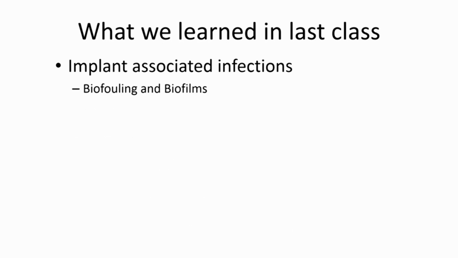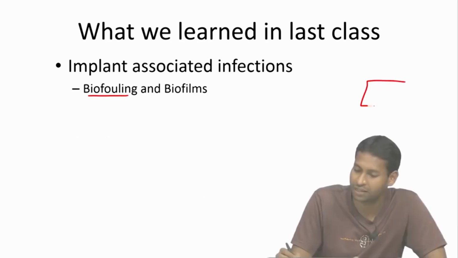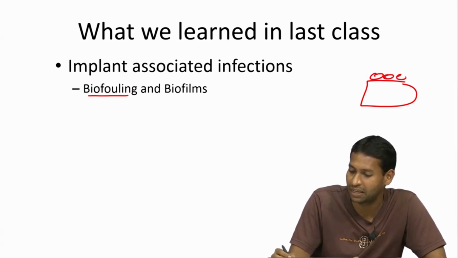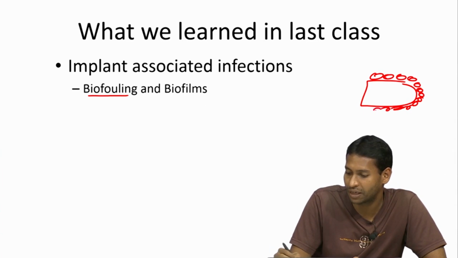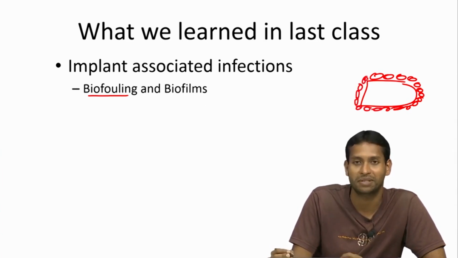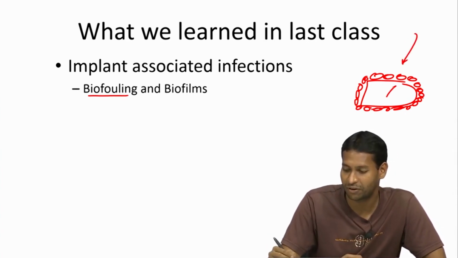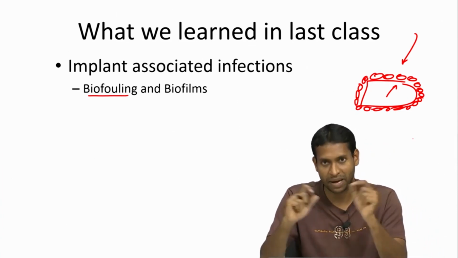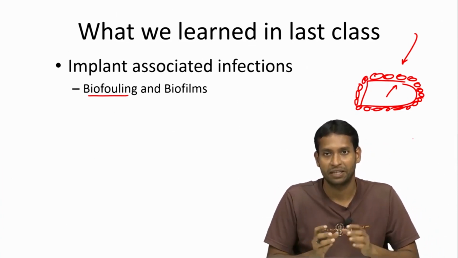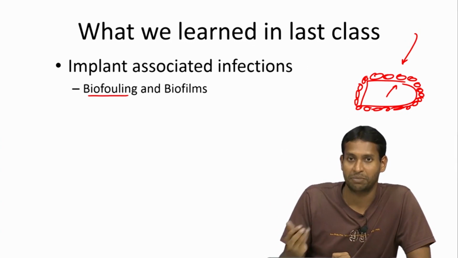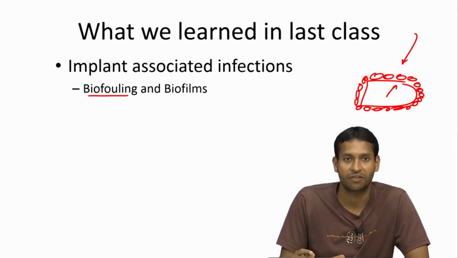We learned about some definitions. Biofouling is essentially coating of a biomaterial or a biomolecule over your implant. One of the problems that can happen in biofouling is the molecules can't really come in and out very well, because now there is a barrier layer that is protecting this movement in and out. So, this may actually impact the functioning of your device.